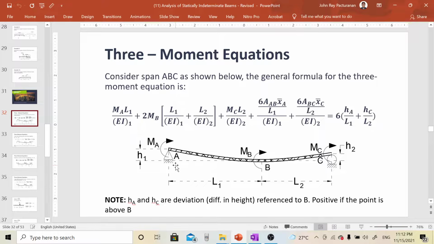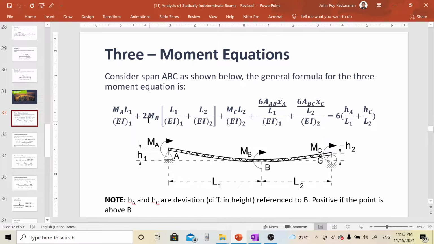Okay? So, of course, ang mangyayari, yung M_A, imumultiply mo ng L1, then divide ng flexural rigidity ng AB. So, assuming kasi na yung flexural rigidity from AB is different than that of BC. Okay? Then, plus 2M_B, since dito yung M_B, the middle of the 3 points.